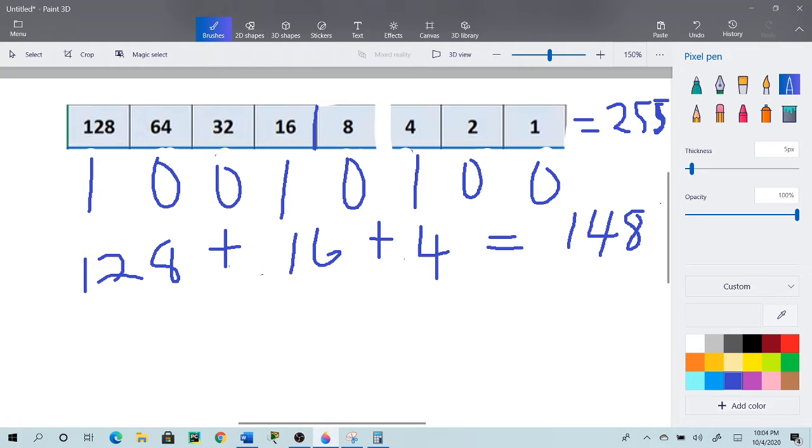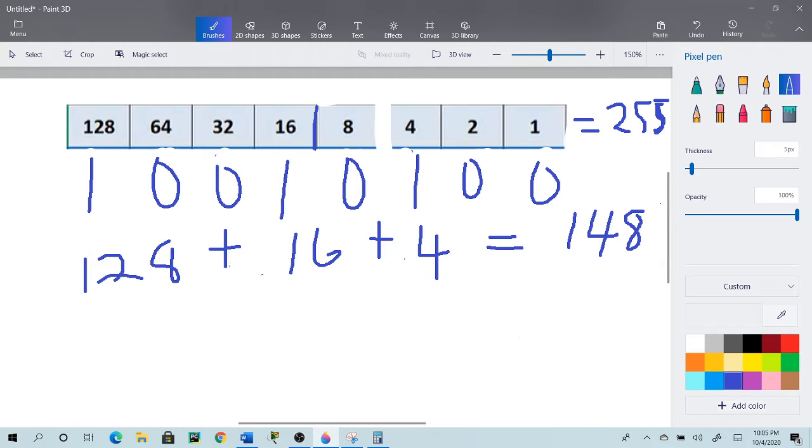We're going to do it again: 128 plus 16 plus 4. So it's 148. It looks like we are on point. So this binary number you see at the top, 10010100, is equivalent to 148.